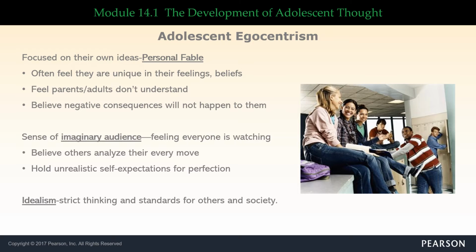So they begin to move away from elementary school's perspective of not being so focused on themselves to going back to that. And so they have something Piaget calls adolescent egocentrism. And he says they become really focused on their own ideas, and he calls this personal fable.